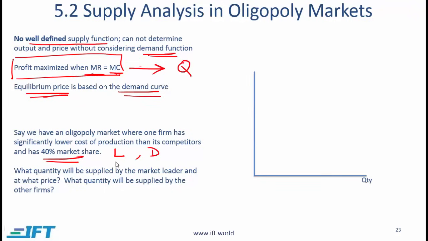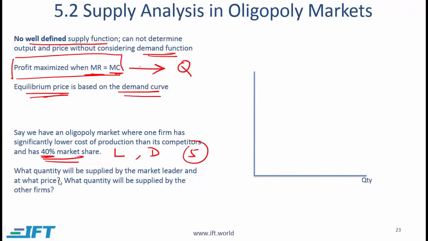The definition of a leader or the dominant firm is one which has lower cost of production compared to the competitors and where the market share is at least 40%. This is one type of an oligopoly market and it is called the dominant firm oligopoly market. In this particular market, we have the dominant firm and let's say that we have 5 other players.